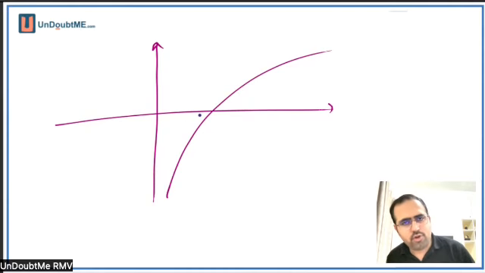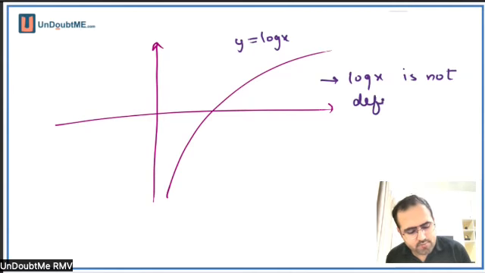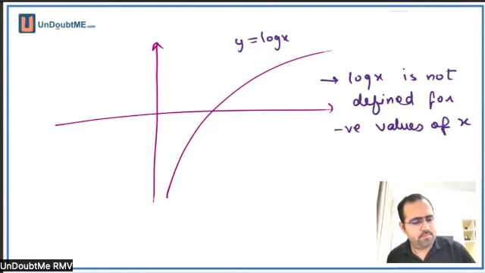This is the graph of log. There are a few observations which we have to make from the graph of log. Let's say this is y is equal to log x. First observation is that log x is not defined for negative values of x.